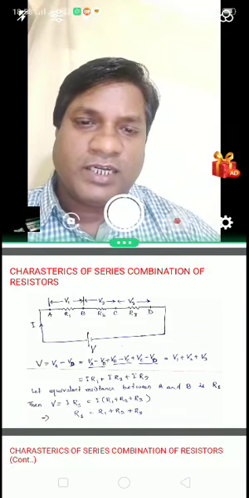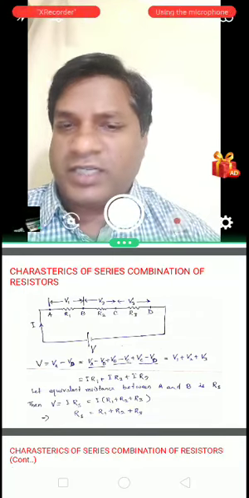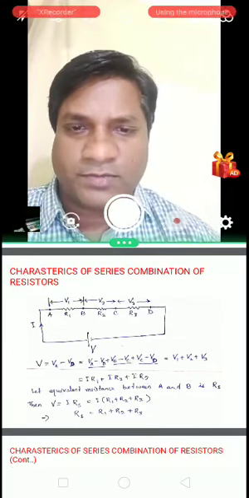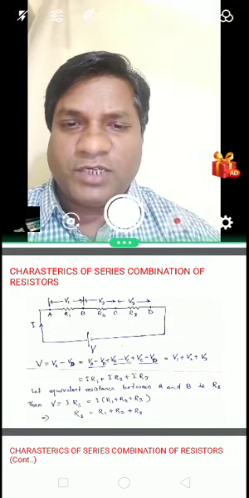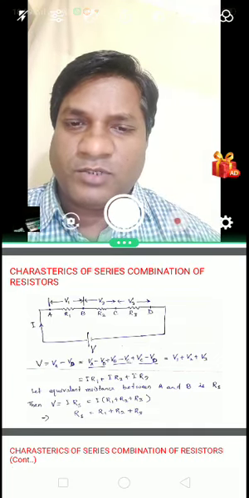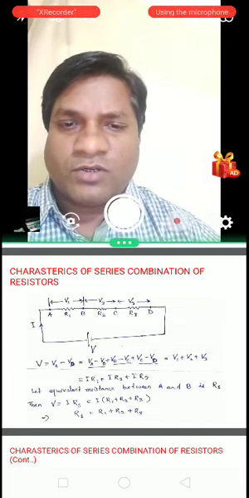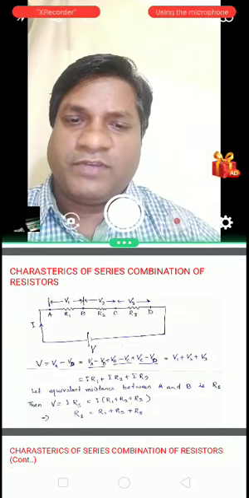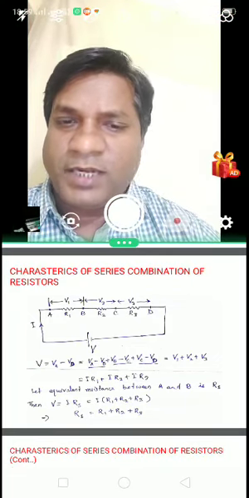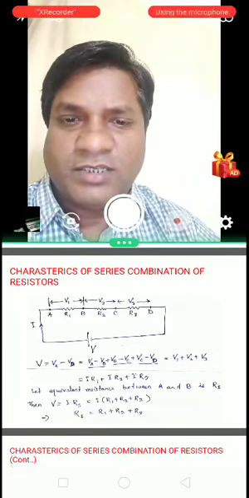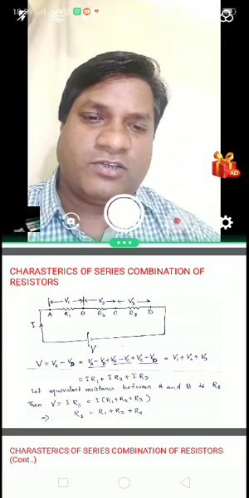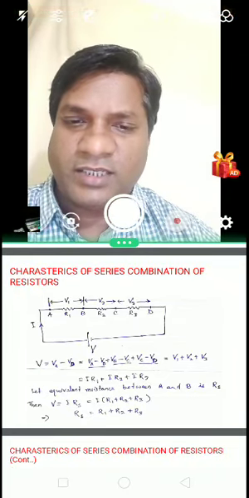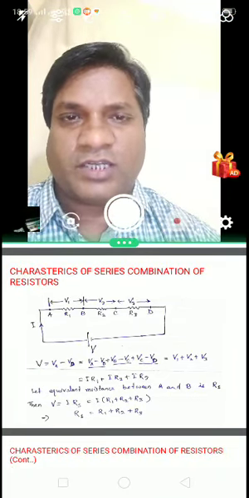Then the total potential difference V is equal to total current I times total resistance Rs. This is again in accordance with Ohm's law. So V becomes equal to I Rs, and that's equal to I common R1 plus R2 plus R3. If we cancel I on both sides, it gives that the equivalent resistance of a series combination is the sum of the resistances of the resistors connected in series. So Rs is equal to R1 plus R2 plus R3.